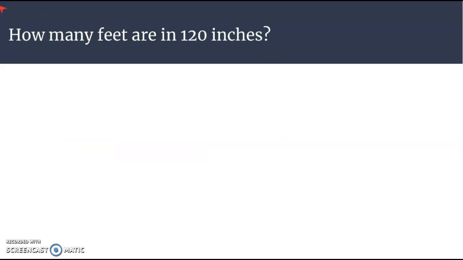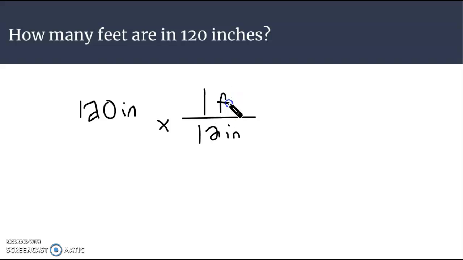How many feet are in 120 inches? Okay, so we're going to start with 120 inches, and then we know that there are 12 inches in 1 foot. So the math here is 120 divided by 12.